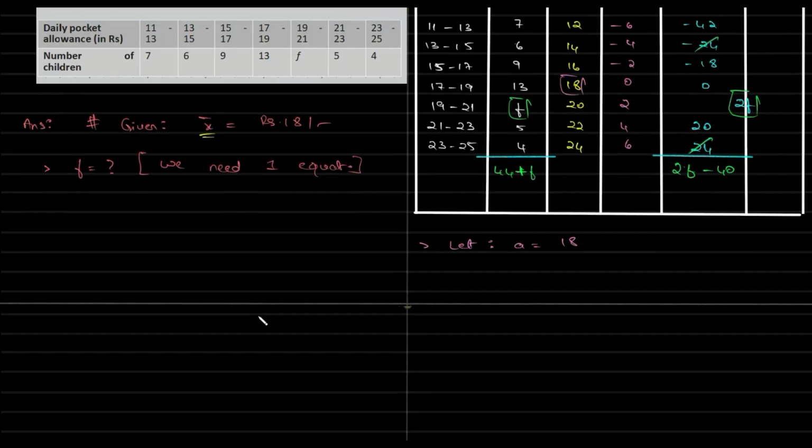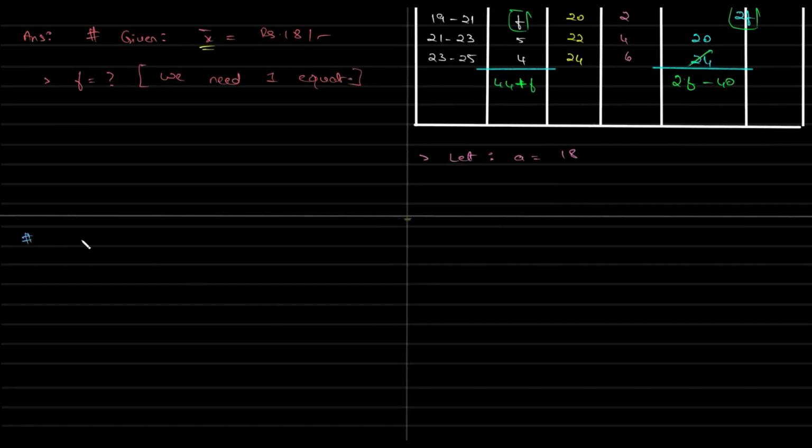Now all we have to do is substitute in the formula and we are done. X bar is summation of fi di divided by summation of fi, plus we'll add the assumed mean. In this case, the mean happens to be 18 and the assumed mean happens to be 18. And all we have to do is 2f minus 40 divided by 44 plus f.